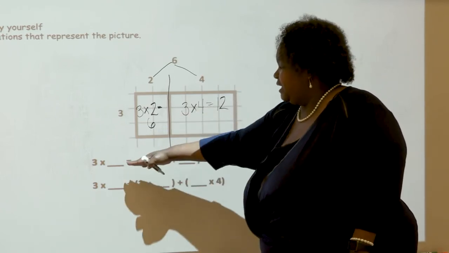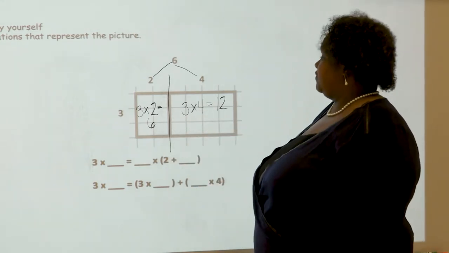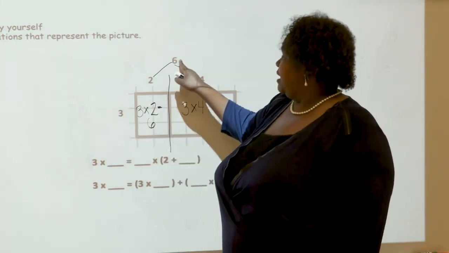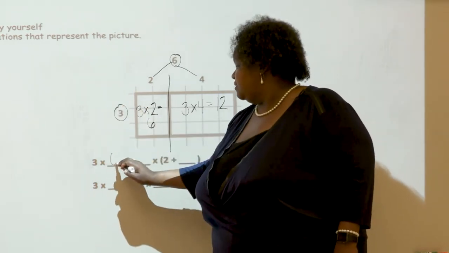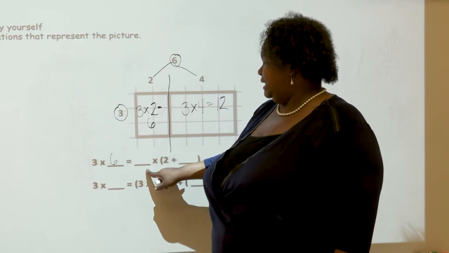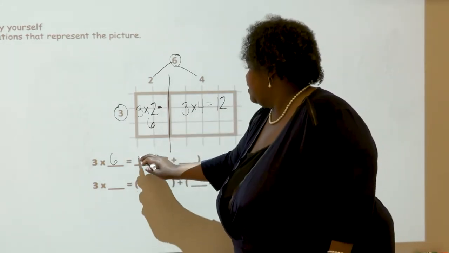Now let's see if we can fill in the blanks, but we have the information up here already. Let's fill in the blanks from that. Okay, we know our original problem is 3 times 6. I'm going to circle that 6. That's the original problem. 3 times 6 equals blank. Oh, I need to put the 3 there.